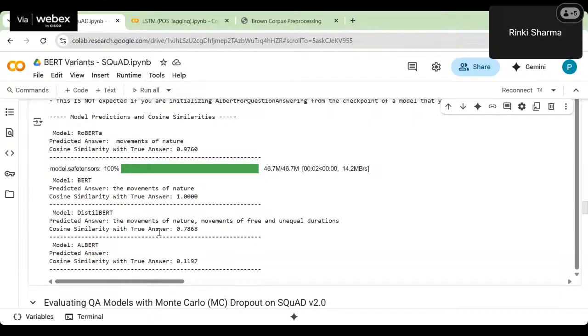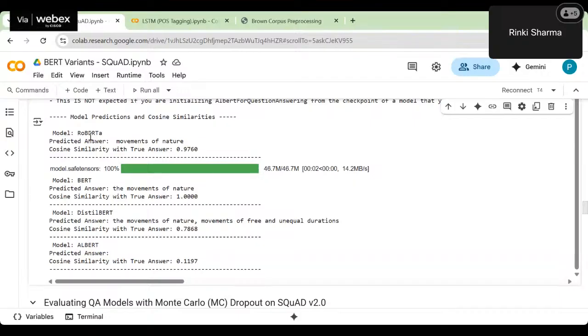And the ALBERT model is not giving any answer at all for this question. So the cosine similarity for this blank prediction and the ground truth is 0.1 only, which is close to 0. So this is how we can evaluate, and we can see that our pre-trained BERT models are predicting answers very well. Now, this is the application for question answering.